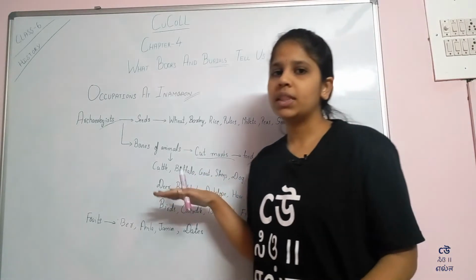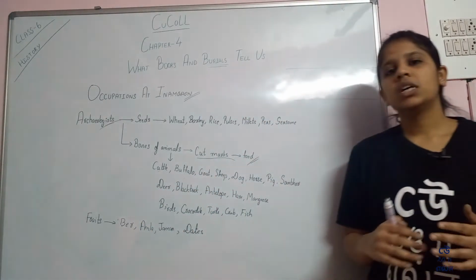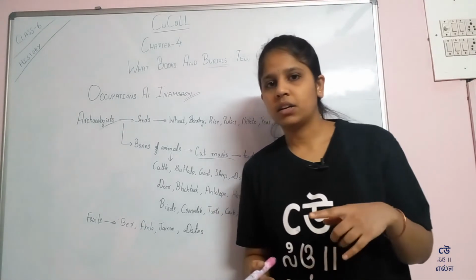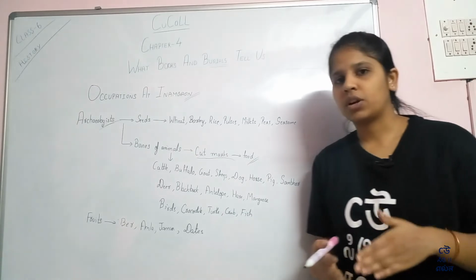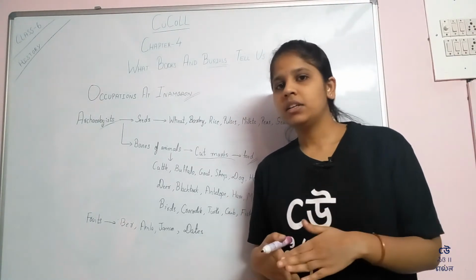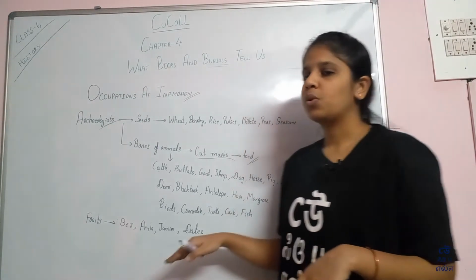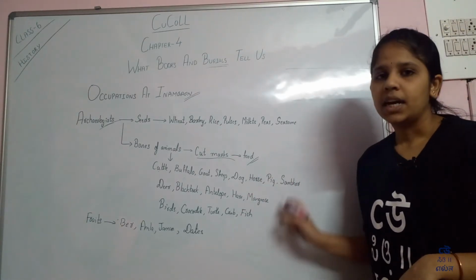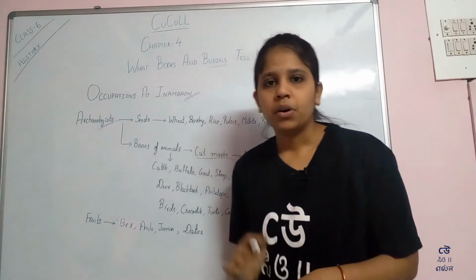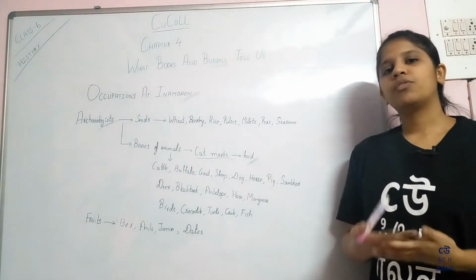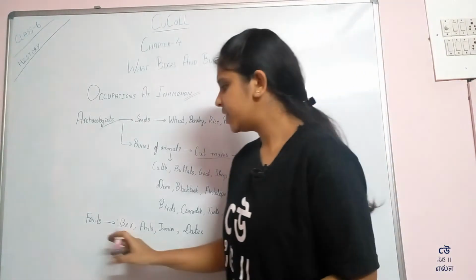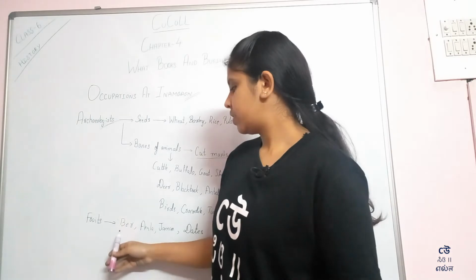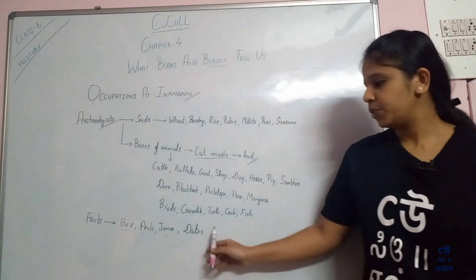Apart from all these, they also found some skeletons of birds and water animals like crocodile, turtle, and fishes. The bones of all these animals were found at the site of Inamgaon. They also found evidence that they gathered fruits such as berries, amla, jamun, and dates.